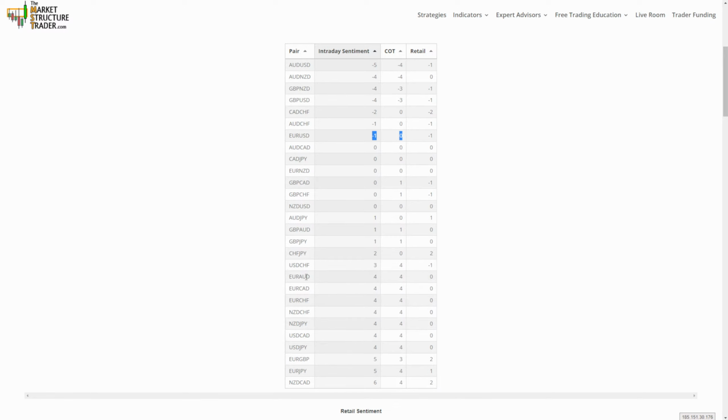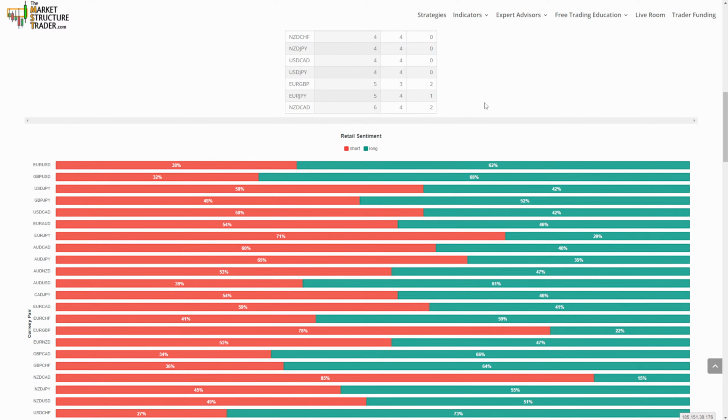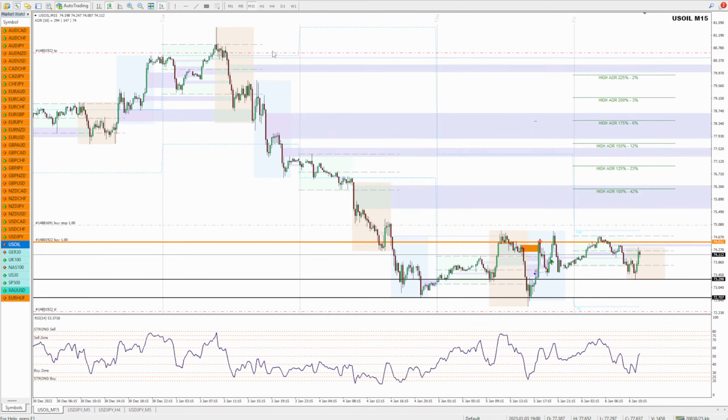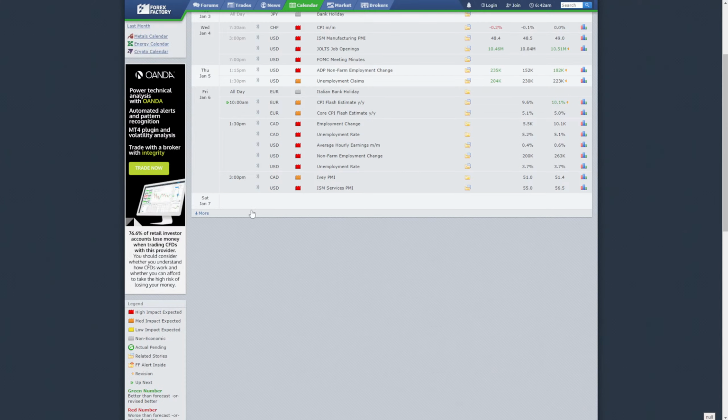There's nothing with any real advantage apart from pound US dollar, which I'm already in, to trade. So most of the market is long Euro US dollar, so I guess that's probably the best thing to trade. So what I'm going to do on the Euro US dollar this afternoon, news is at 1:30.